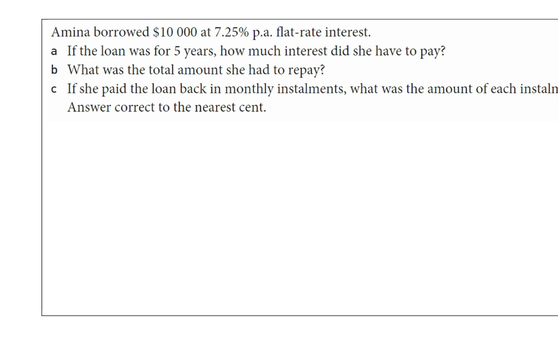Last question. Amin is borrowing money this time and she's being charged interest, so she has to pay interest. The loan's for 5 years. How much interest does she have to pay? She's got $10,000 times 7.25% times 5 years, changing that into a decimal.